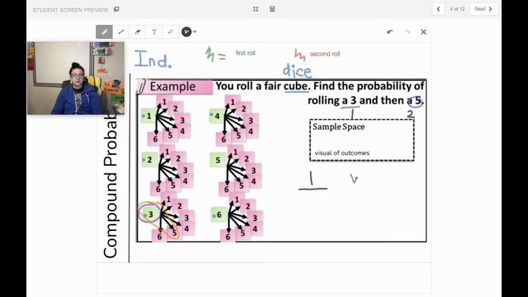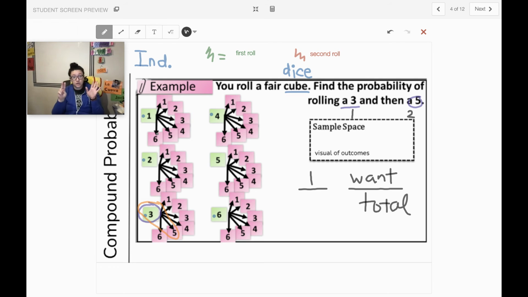So remember, the top number is what we want. We wanted a green 3 and a pink 5, and we need to put that over the total. We need to look to see how many total options there are. I can roll a 1 and then a 1, a 1 and a 2, a 1 and a 3, a 1 and a 4, a 1 and a 5, a 1 and a 6.